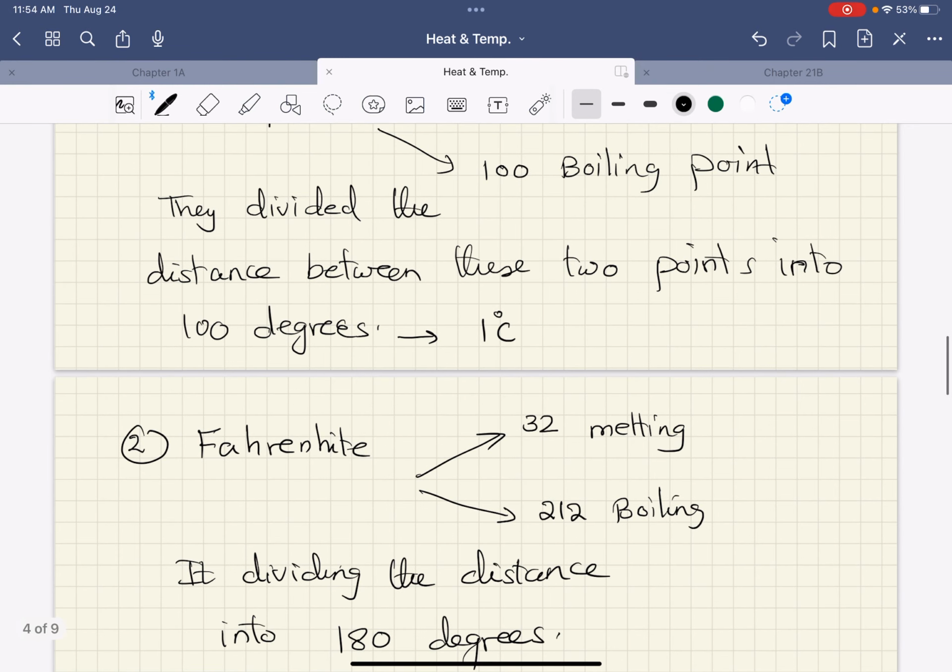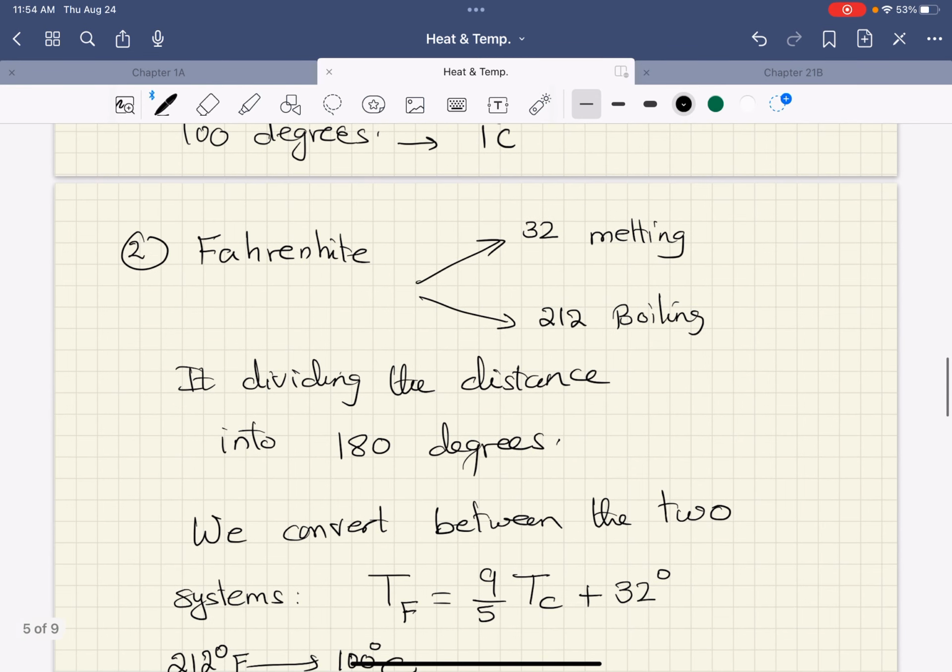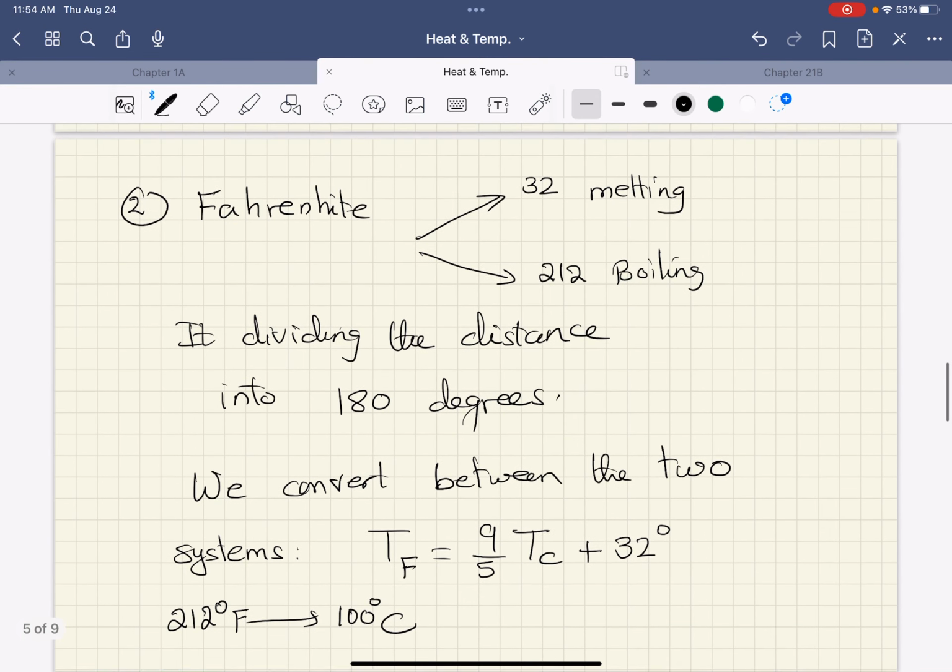Now, the oldest one: Fahrenheit was the first to have small thermometers for measuring human temperatures. We use 32 degrees Fahrenheit for melting of ice and 212 for boiling of water, and they divided the distance into 180 degrees. Therefore, 1 degree Fahrenheit is smaller than 1 degree Celsius.